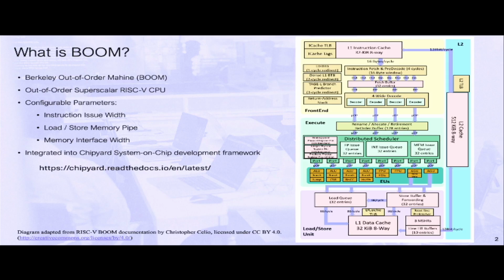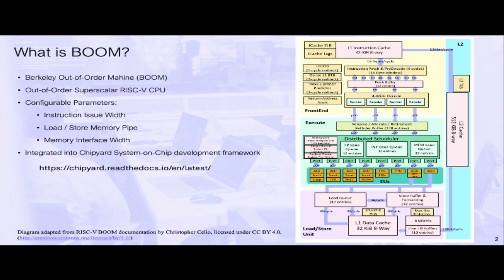Before we dive into the Ocelot project, let's first answer a simple but important question. What is the BOOM core? BOOM stands for Berkeley Out-of-Order Machine. It is an open source RISC-V processor core developed at UC Berkeley. The BOOM core is an out-of-order superscalar CPU, which makes it powerful and suitable for our project.